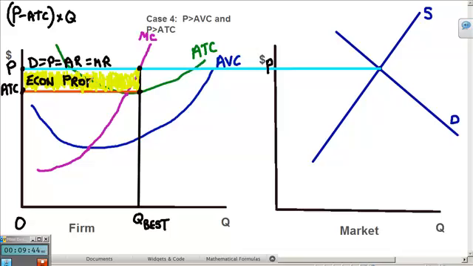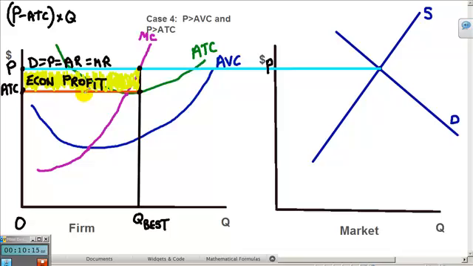Now what does this mean, this positive economic profit? This represents profit in excess, so sometimes it's called excess profit. This is profit in excess of what the firm's owners could have earned if they had taken the resources that they own that are put into the firm, into this business, and instead put them somewhere else.